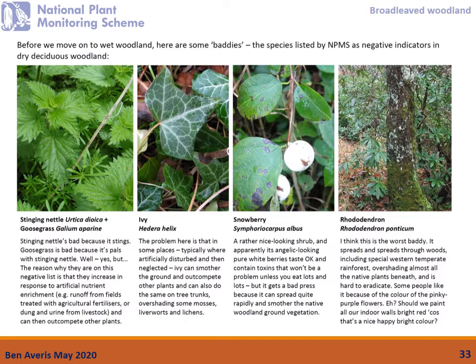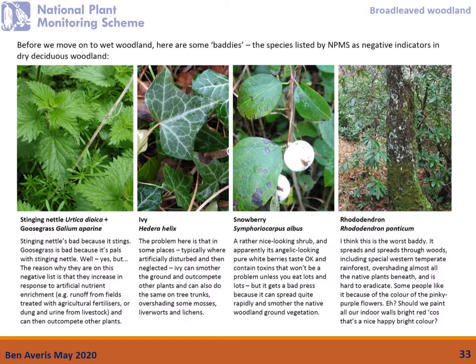That is a serious bad plant because it can take over big areas, and its leaves are so big and evergreen that they cast a really heavy shade. By comparison, the snowberry is not a great worry, really, because the rhododendron is one of our worst problem plant species in this country, really.